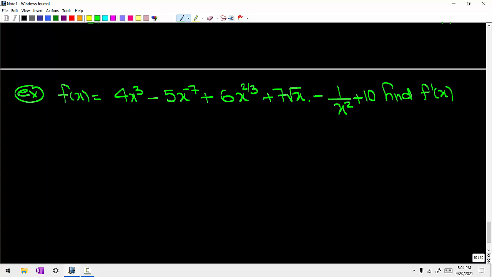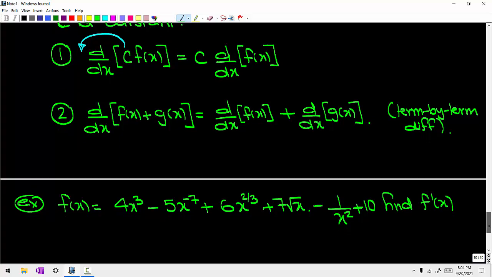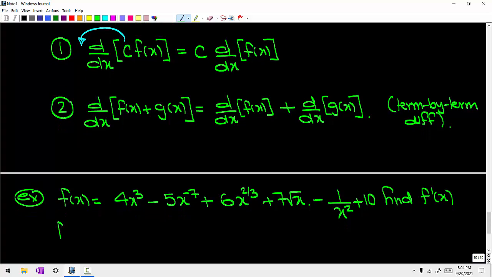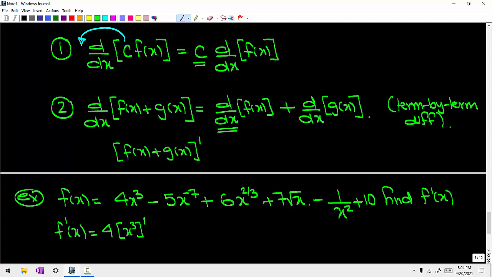Let's use these two properties. When you take the derivative, we can do term by term and we can pull constants out. So I take that constant out and then take the derivative of the first; I'll write it as a prime. I could have easily written it this way using Lagrange's prime notation.